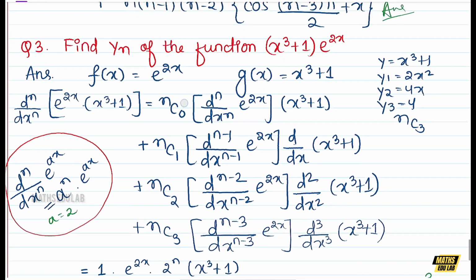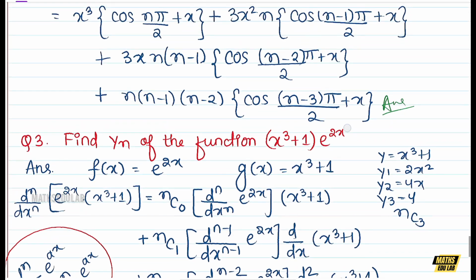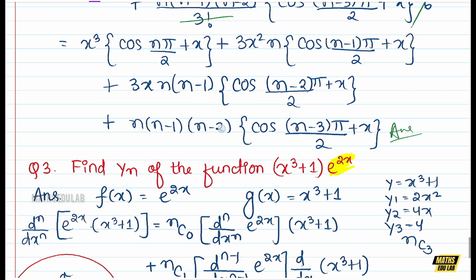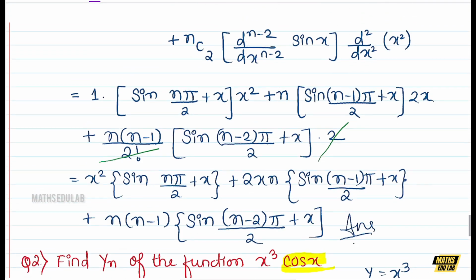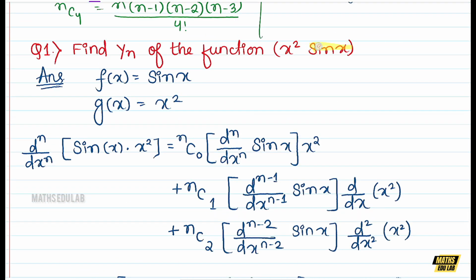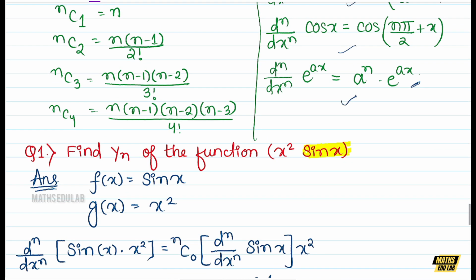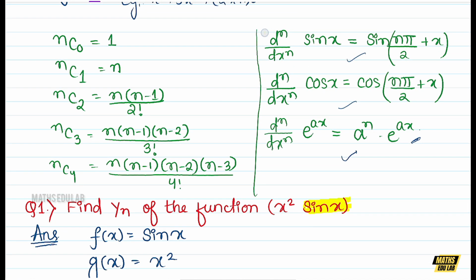So these are the 3 types of questions where we can use the Leibniz theorem: this one is in the form of e to the power of 2x, the second question was in the cos x form, and the first one was in the sin x form. We also have the formulas for each of the nth order derivatives, along with the values for the combinations, that is nC0, nC1, nC2 and so on.